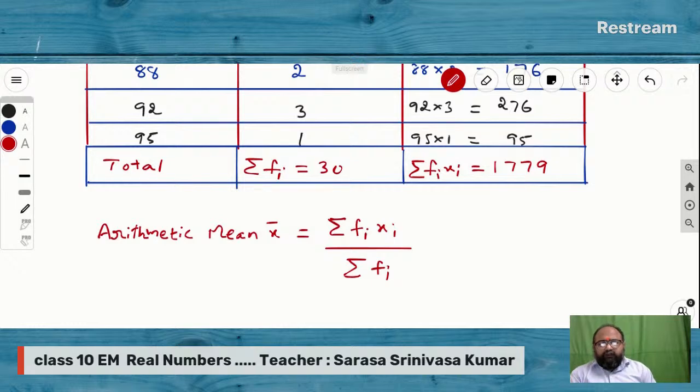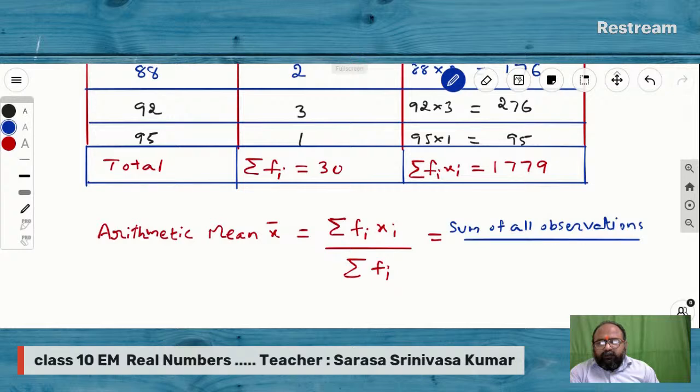This is nothing but the sum of all observations divided by the number of observations.